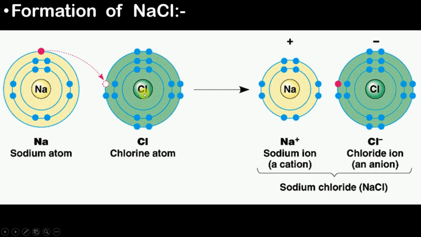Therefore, this chlorine atom requires 1 electron and this sodium atom does not require this 1 electron. So the electron present in the outermost energy level of sodium is going to get transferred from sodium atom to the chlorine atom. As you can see over here, that electron has transferred to the chlorine atom now.